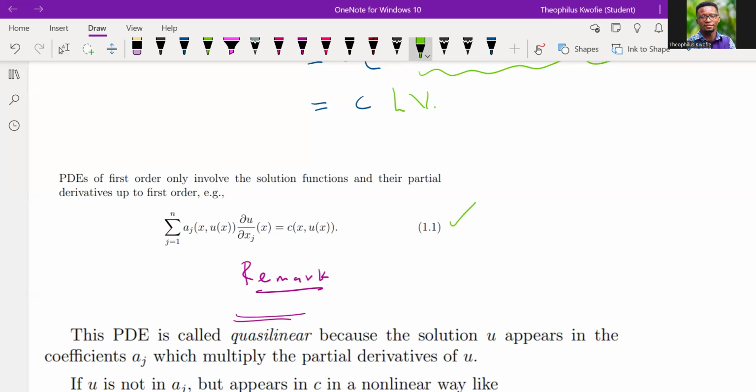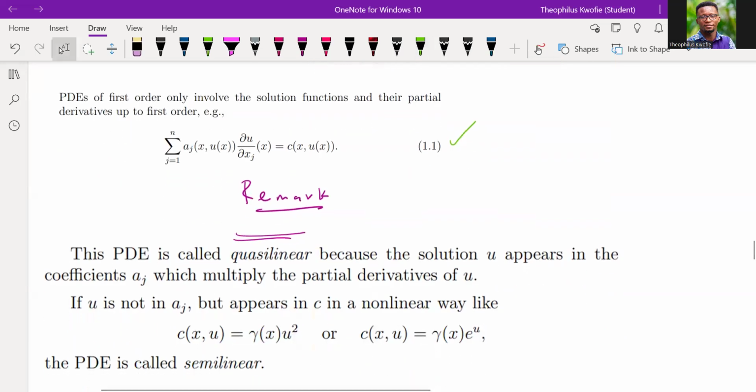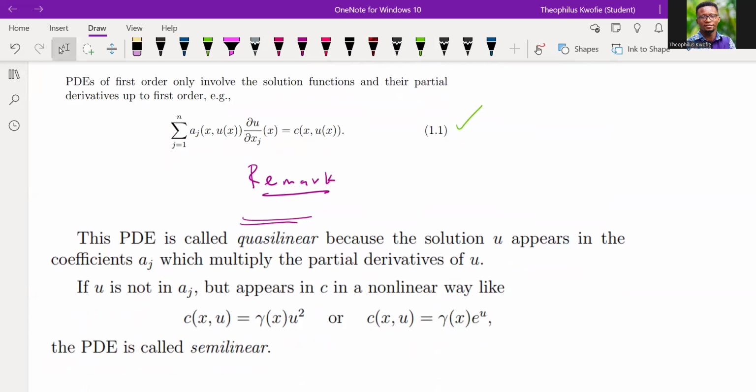Okay, very good. Now there are a few things that we have to take home, and the first thing is that a PDE is called quasi-linear because the solution U appears in the coefficient AJ.